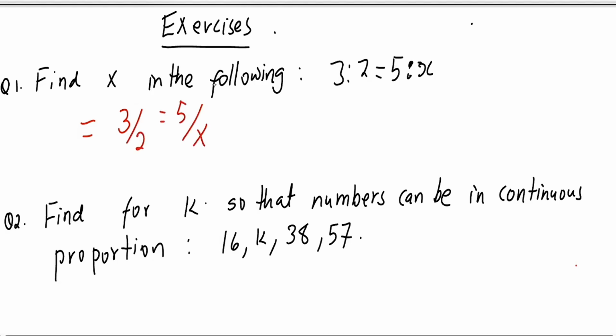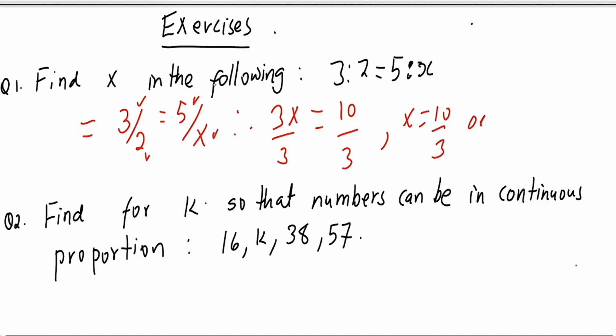Now the next step is you cross multiply. So 3 times x, 3x, and 2 times 5 giving you 10. So divide by 3. So your x is just 10 over 3, or you can write it as 3 and 1 over 3.